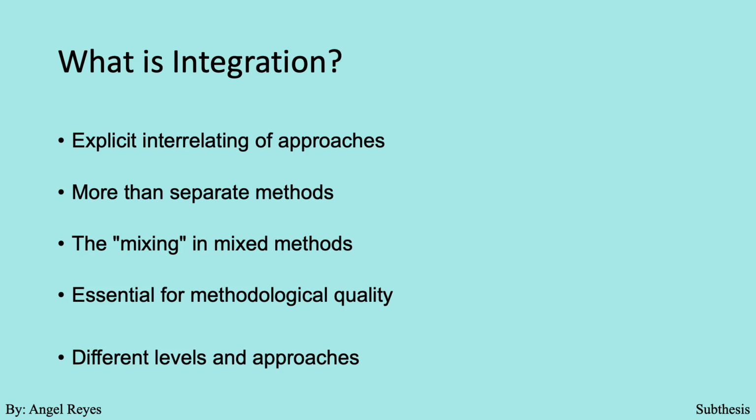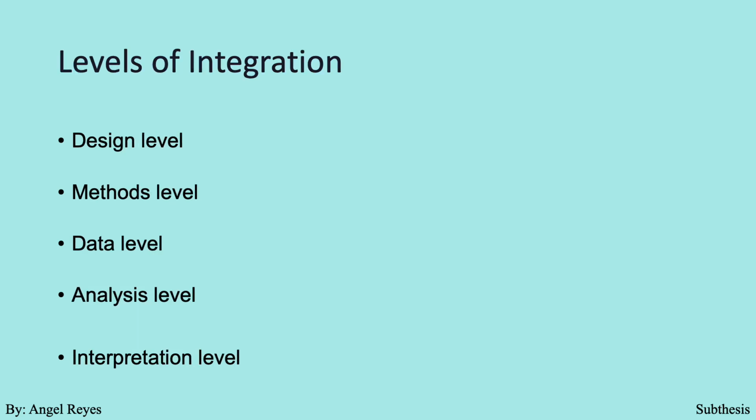Strong integration is essential for methodological quality, allowing researchers to generate insights that would be impossible from a single method alone. Integration can take many forms and occur at different levels, from initial design choices to final interpretation of results.